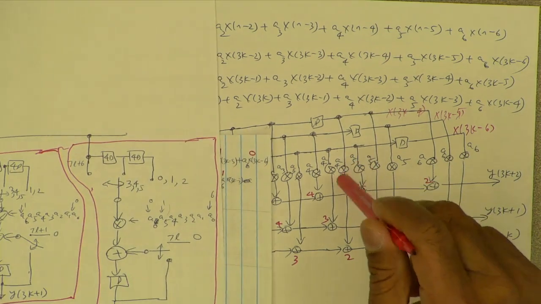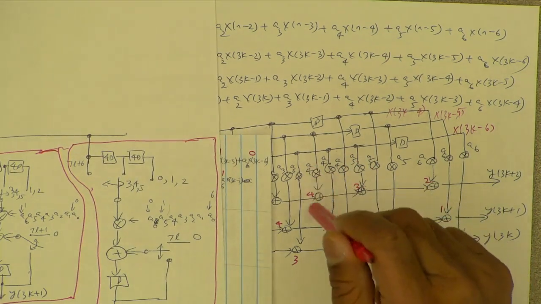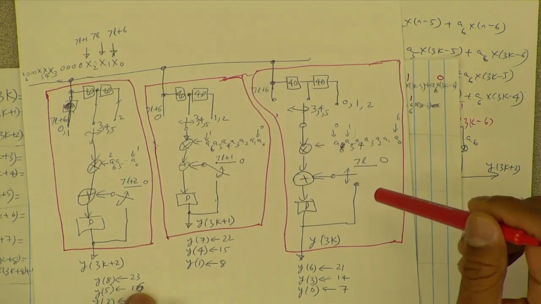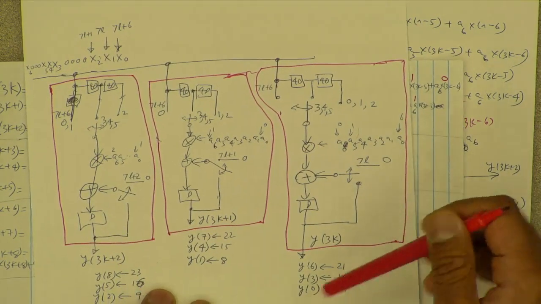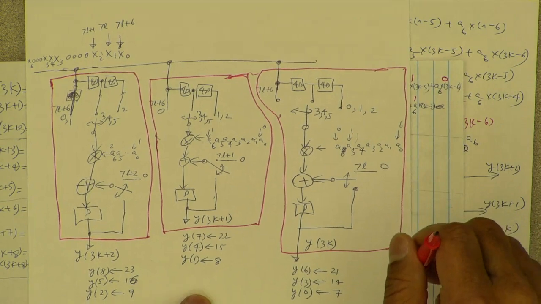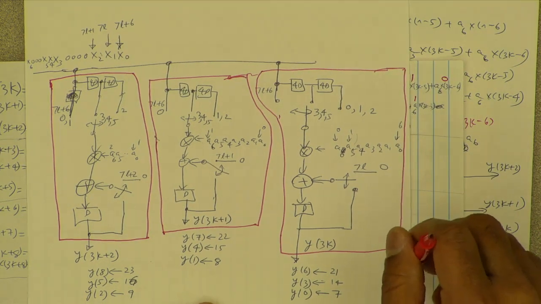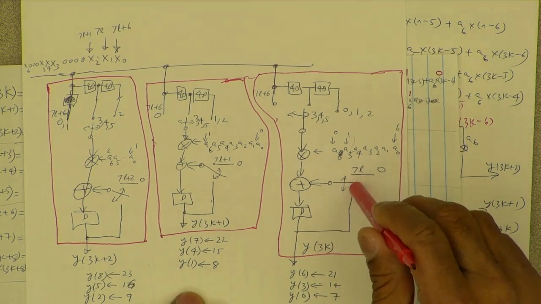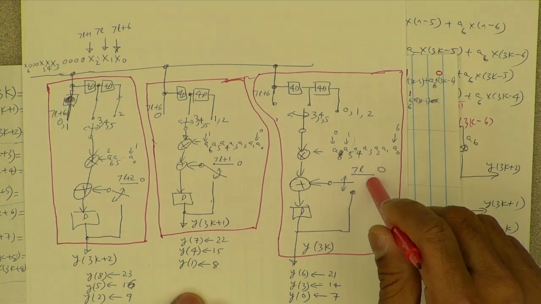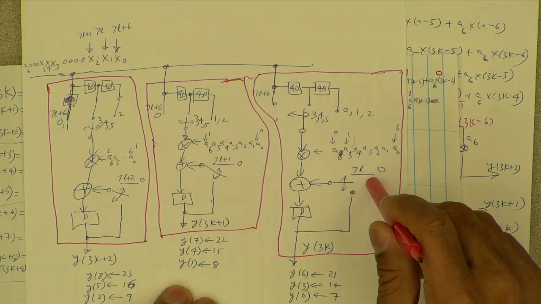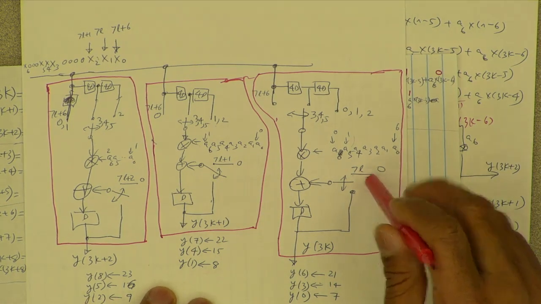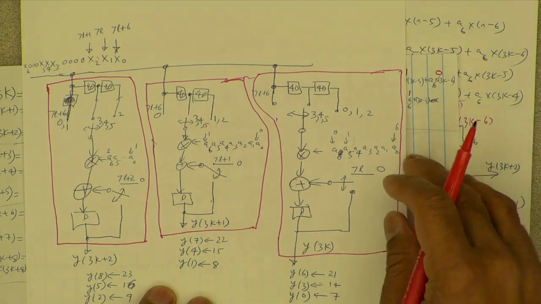So, multiply and accumulate, these are all tasks. The question that we are asking is which task is mapped to which processing element and is executed at what time instance, and that should be periodic. Everything is periodic.